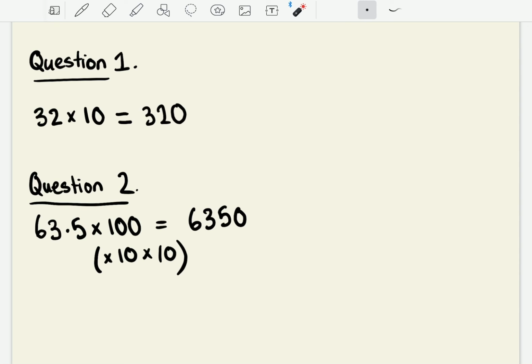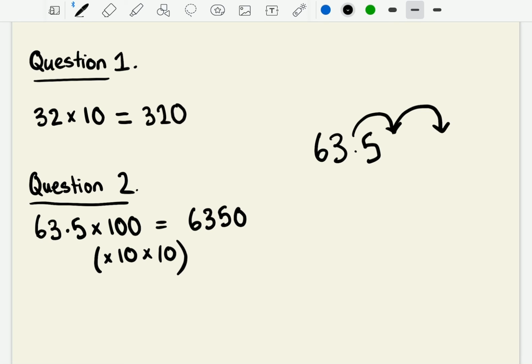The numbers moved over 2 columns, so the decimal place moved over 2 jumps. So if we look at 63.5 and we move that decimal place over 2 jumps, this is now where the decimal place is. This becomes a 0, and we can see that it's 6,350.